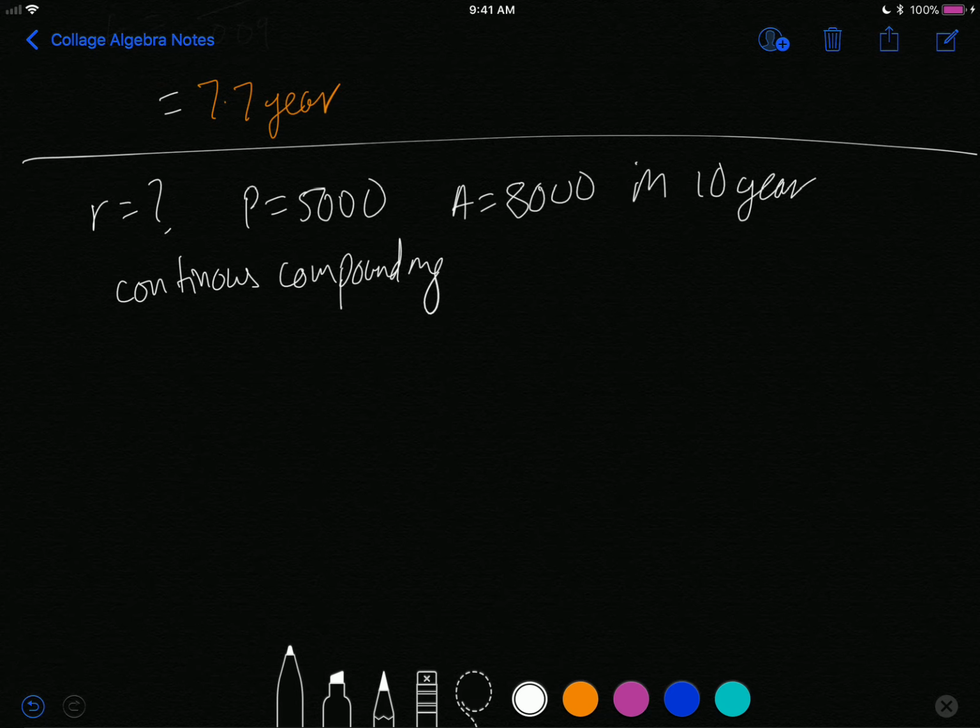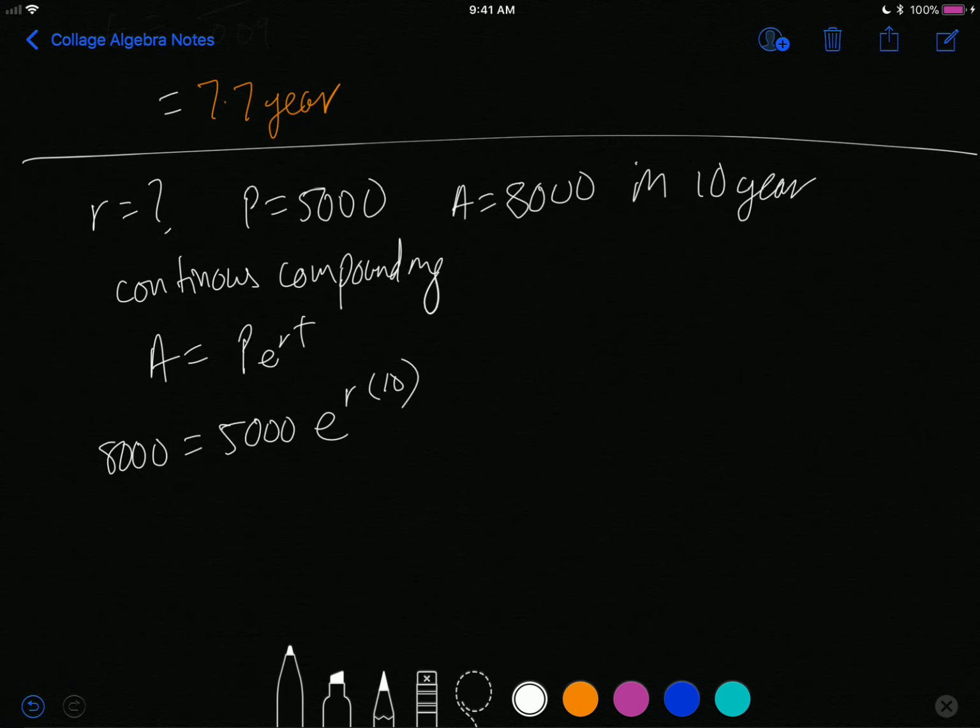All right. And so with that right here, I set up my formula. A equals P e^(rt), P-E-R-T. I need $8,000. I start with $5,000. The interest rate is unknown, but I know I want to get there in 10 years. I divide by 5,000.